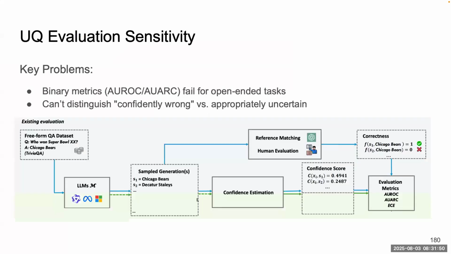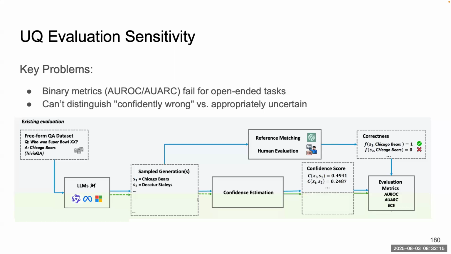The first problem we discussed in the previous Q&A is that the evaluation for uncertainty quantification is pretty sensitive. All the previous methods we talked about, AUROC and calibration error, do a binary yes or no justification of whether it's correct or not.